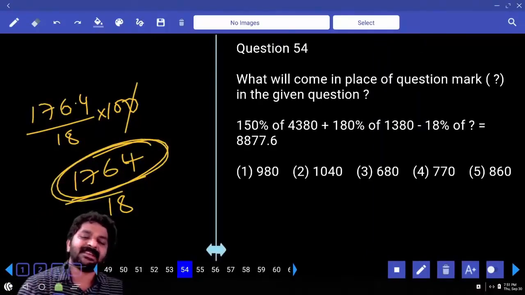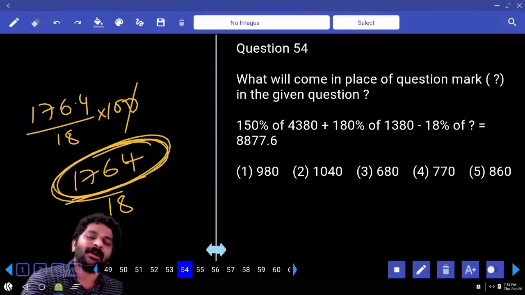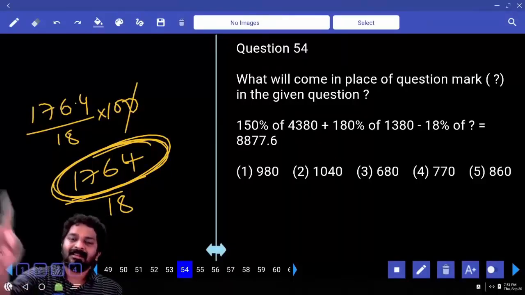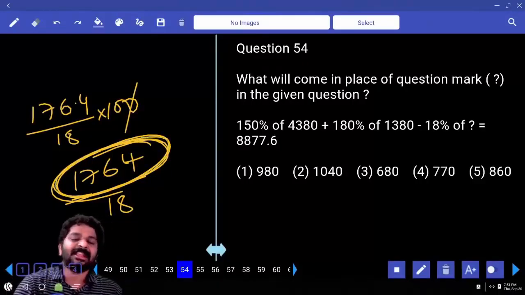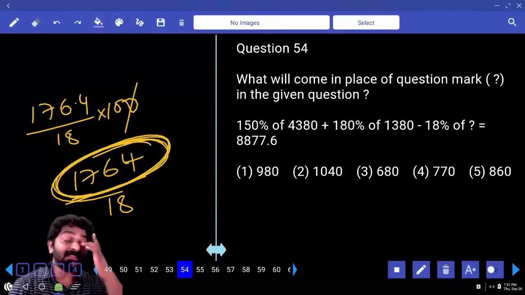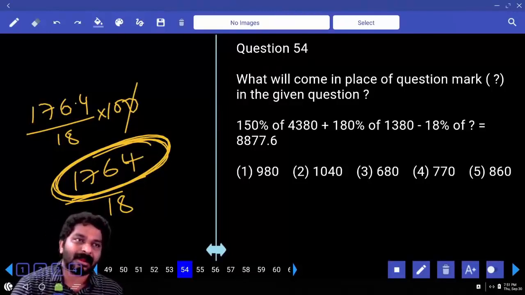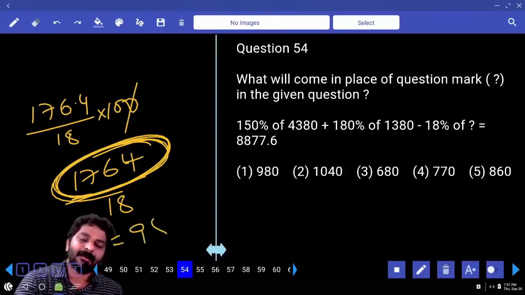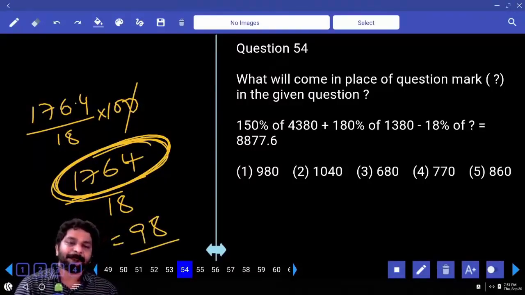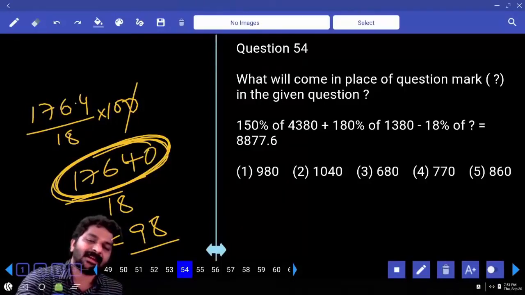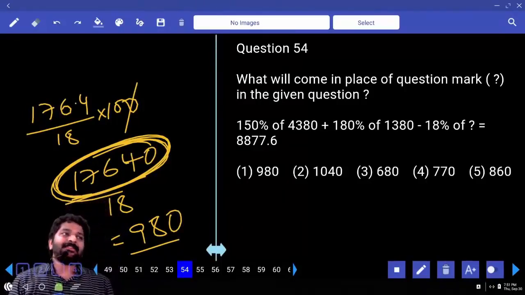Approximately if your numerator is 1800, then answer must be 100. This is how much less than 1800? 36, which is 2 times of 18 only. That means 2 times we have to subtract from 100 times. So answer must be 98. 98 answer. 0 is also there, correct. 980 final answer.